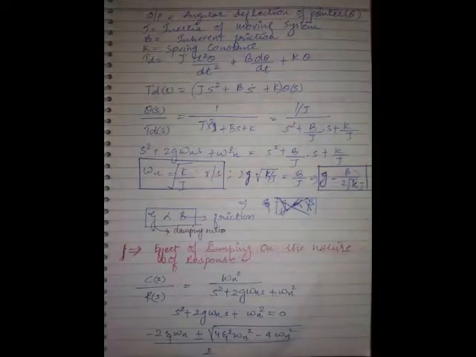The undamped natural frequency is under root of k by j. 2 zeta omega n is equal to b by j, which implies zeta is b by 2 root of kj. If you observe, zeta is directly proportional to b.